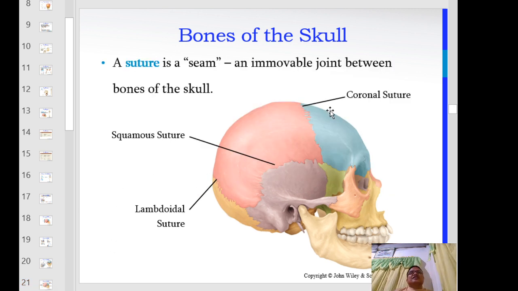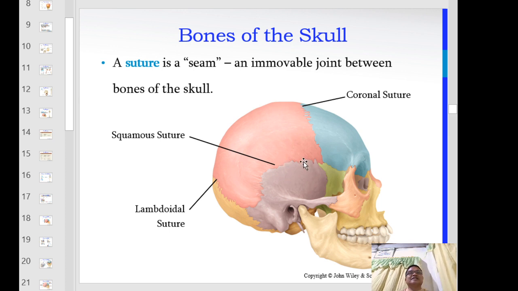Okay, so let's go now to the sutures. These bones are connected by a joint, an immovable type of joint. We call that joint a suture. The coronal suture goes from this side to the other side. Then you have the squamous suture, which is a connection between the temporal and the parietal.